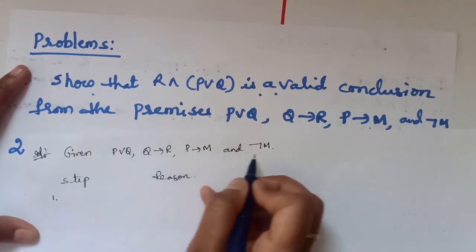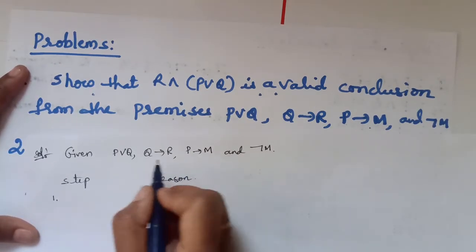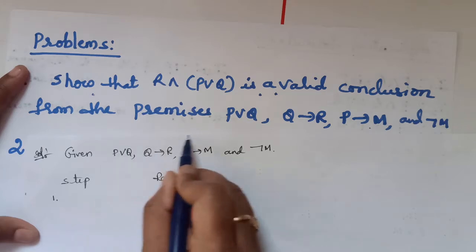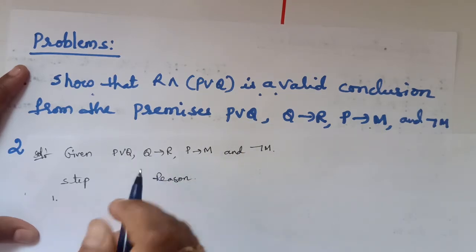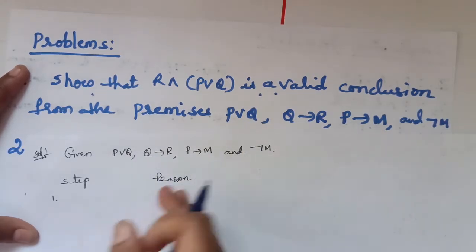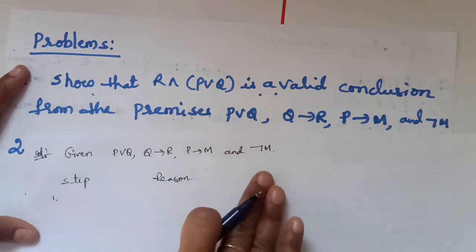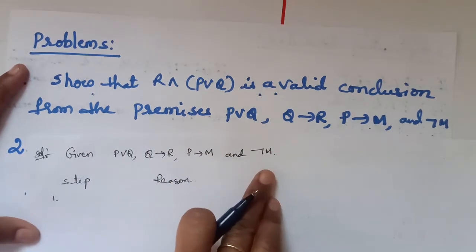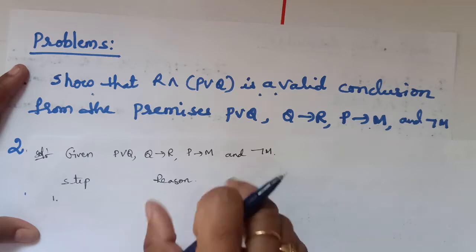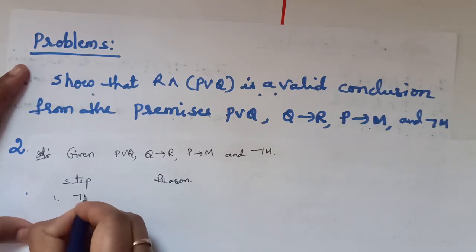You have four premises, right? You can introduce any one of these premises in the derivation. You can start with any one of the premises, your choice. I always go with the simple premise, that is negation M.